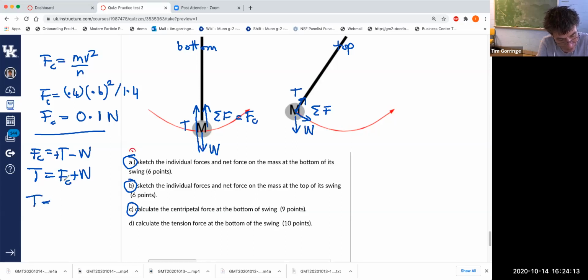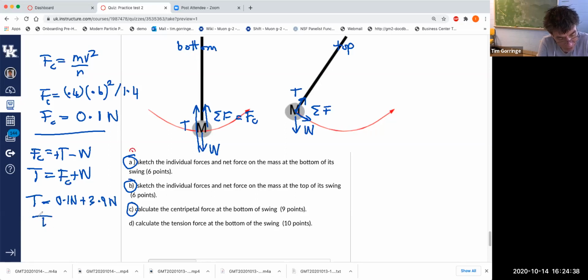The centripetal force was 0.1 newton, and the mass was 0.4 kilograms. That means that the weight is 3.9 newtons if I multiply by g, the acceleration of gravity.